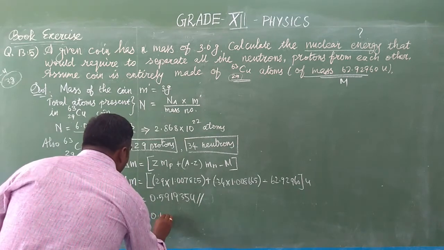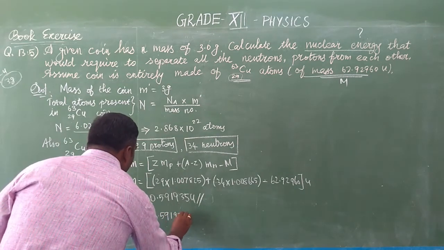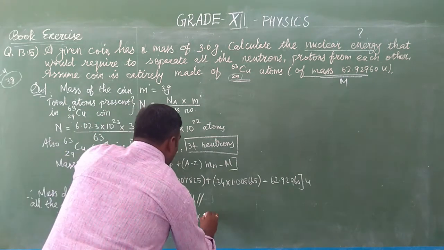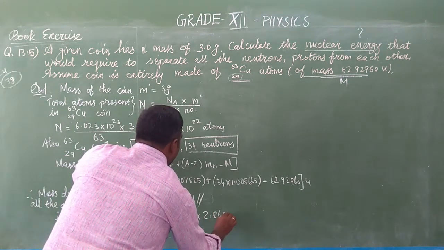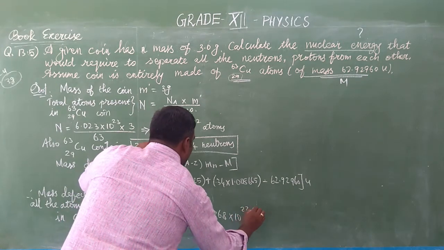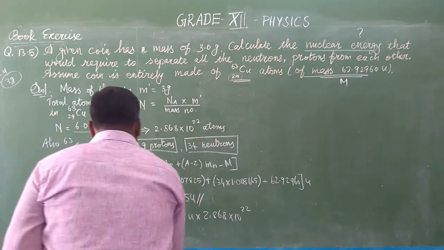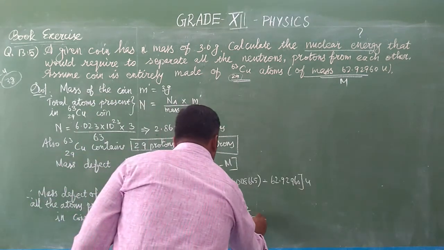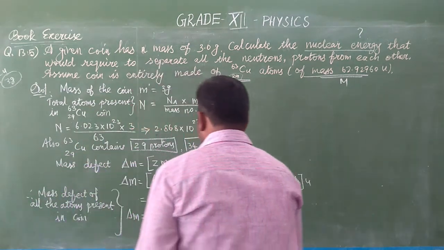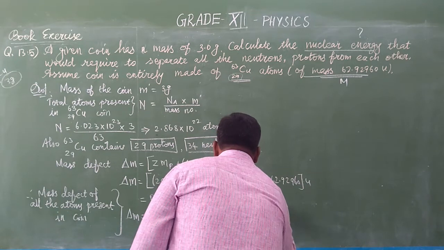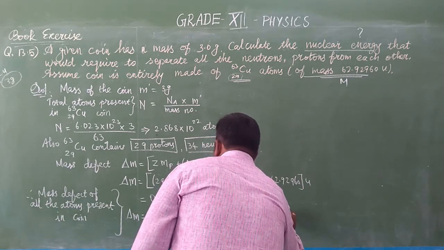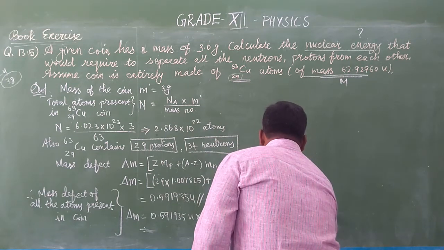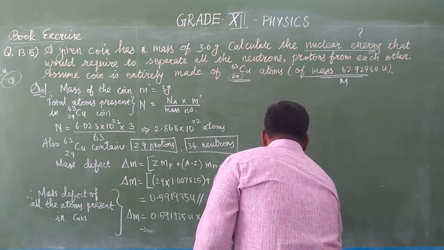So 0.591935 u into 2.868 into 10 to the power 22, which is equal to, after the multiplication, it is 1.69766 into 10 to the power 22 units.